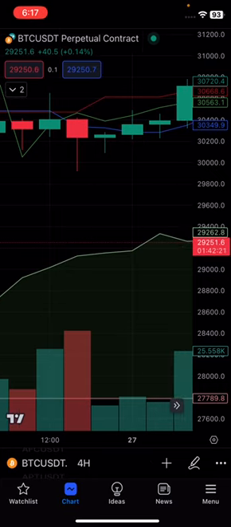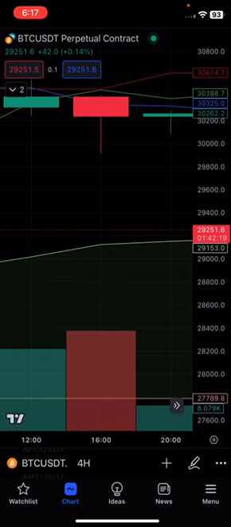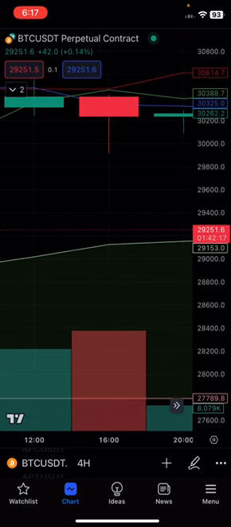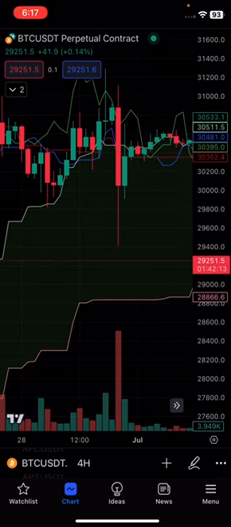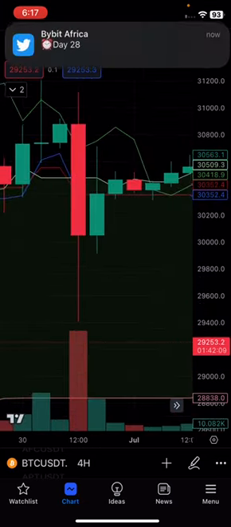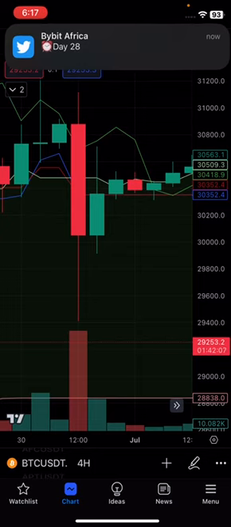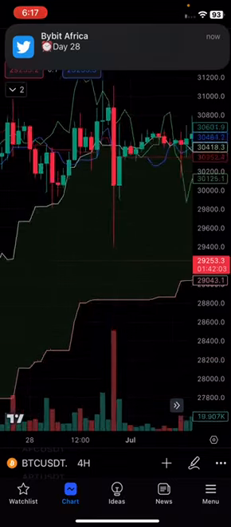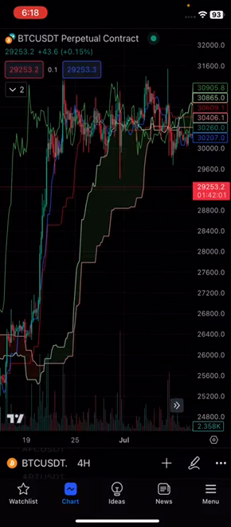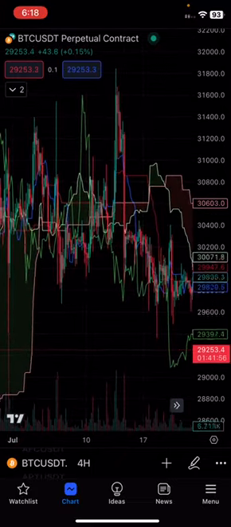So I could have exited on this big red candlestick here, or I could have waited till the price closed, like this green candlestick. You see it closed inside the cloud. So until either one of these three exit signals are given, I can be in the trade throughout.